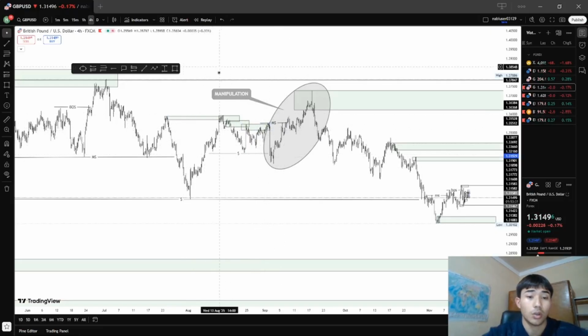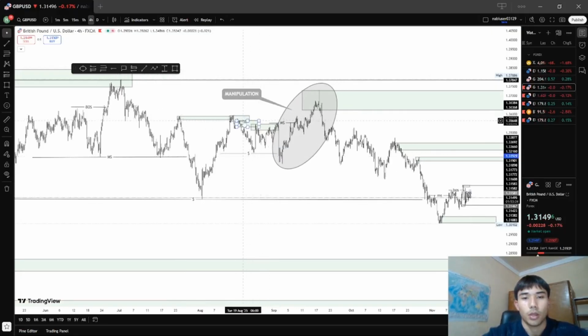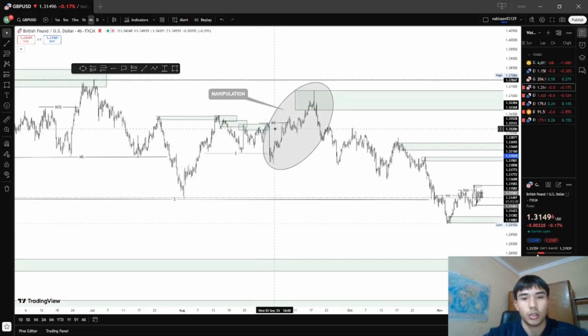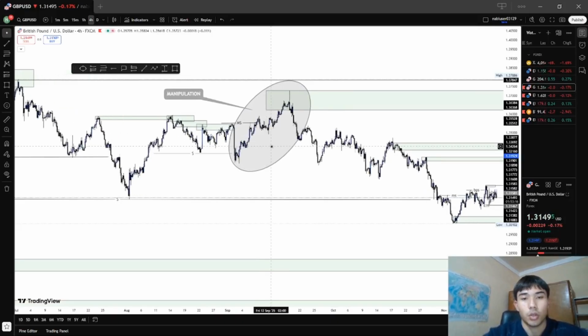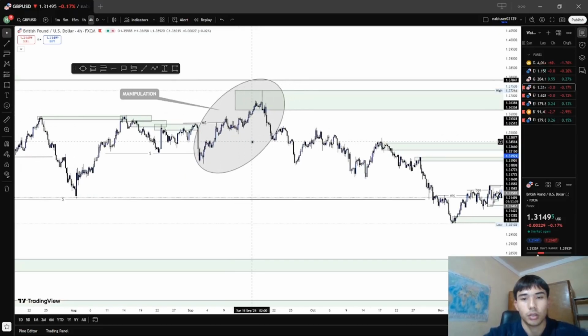This is called manipulation. You don't understand where the price is going, because you see price going straight down and getting respected, but you're wrong. Price is getting manipulated by big hedge funds because there is a liquidity sweep, a V-shaped reaction.